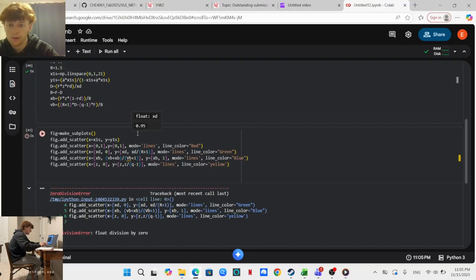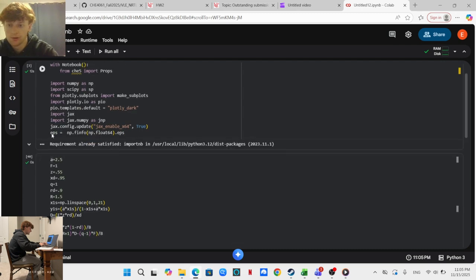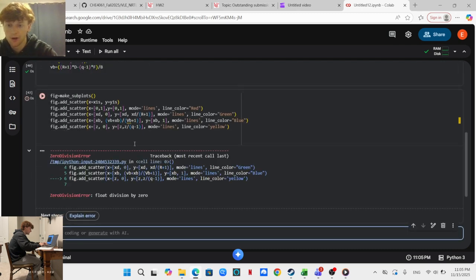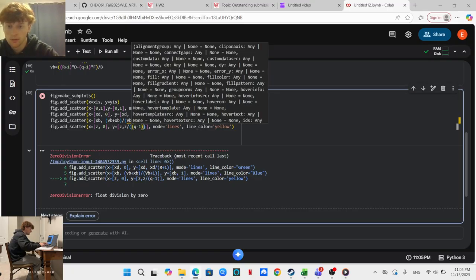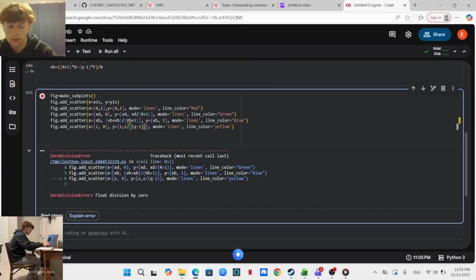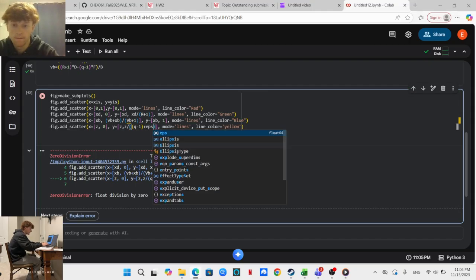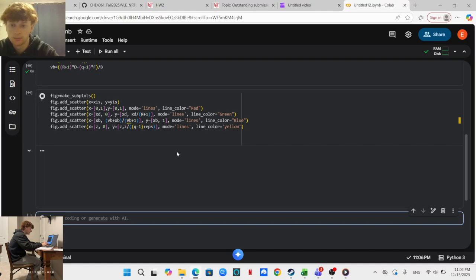Oh yeah, so we have division by 0 right here. So we'll use EPS, which is like the lowest number possible, to not include zero right off there. So we'll just do q minus 1. We'll put that in parentheses, and then we'll add EPS to it. So plus EPS. Okay, we'll shift enter.